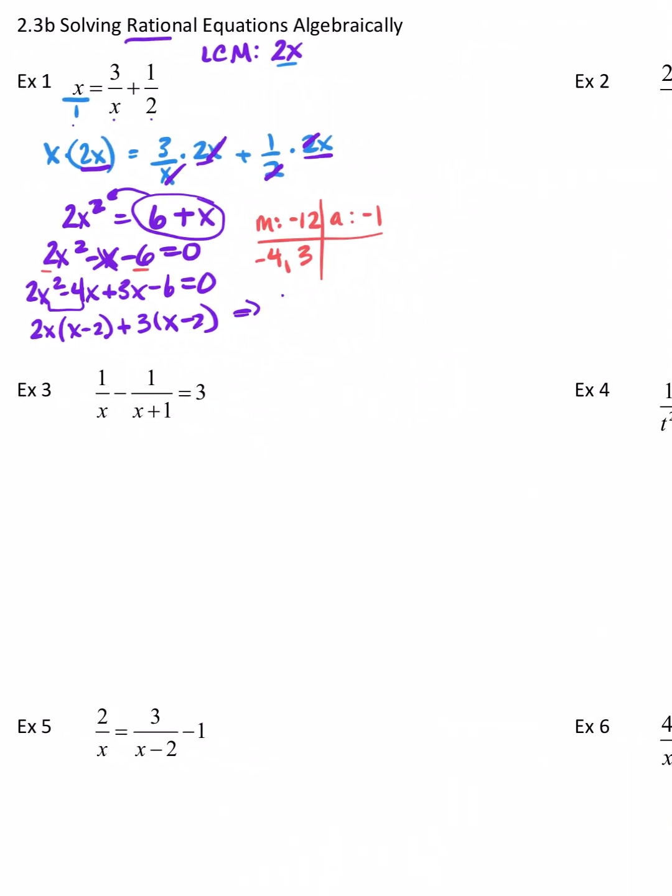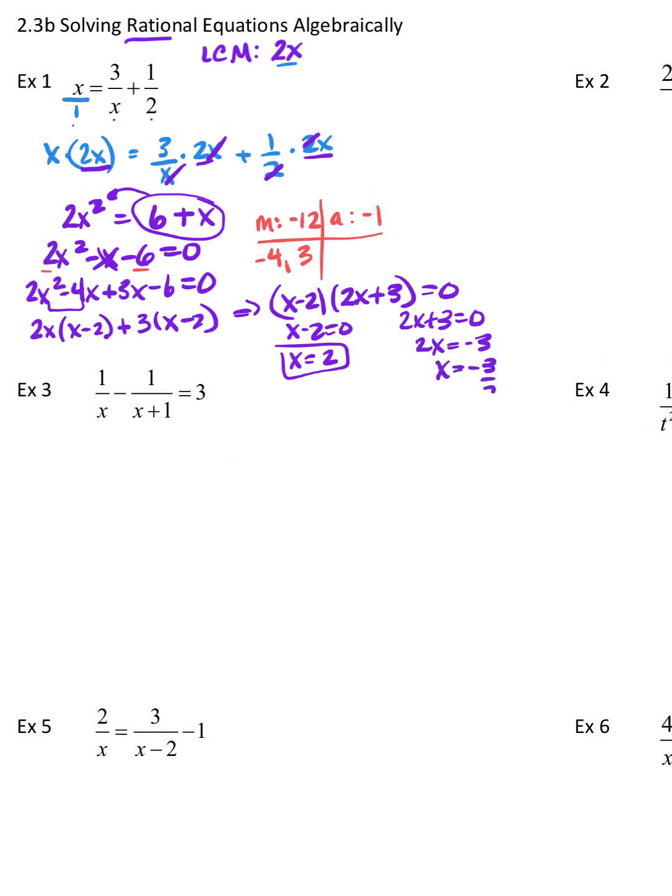Notice the x minus 2 is common, so I could take that out. And then I'll have 2x plus 3, still equal to 0, so I keep on going. X minus 2 equals 0 means that x is 2. And then 2x plus 3 equals 0. If I solve that, I'll have 2x equals negative 3, so x equals negative 3 halves.